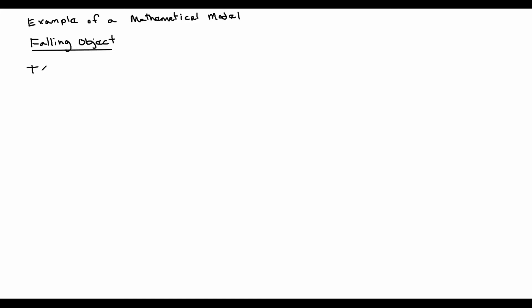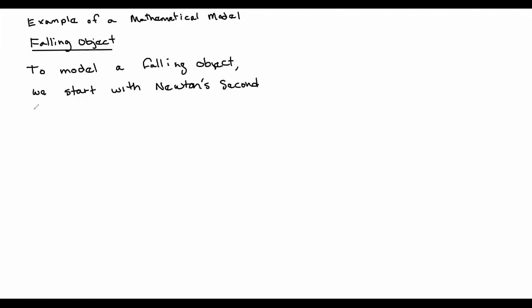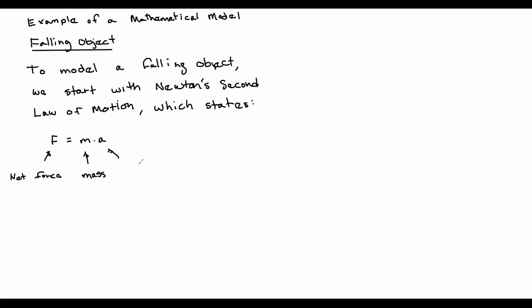To model a falling object, we start with Newton's second law, which states F equals ma, where F in this case is the net force acting on an object, m is the mass, sorry, and a is the acceleration.